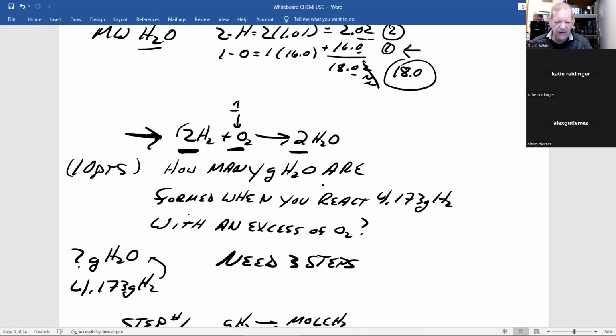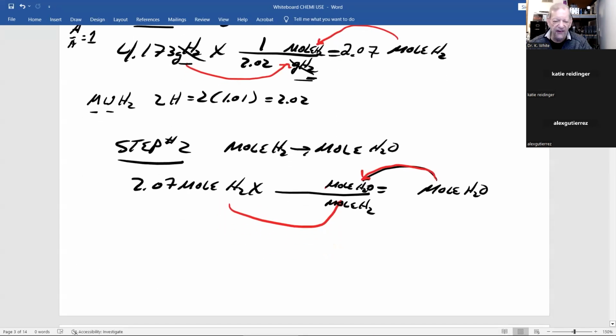So the relationship is for every 2 moles of hydrogen, we make 2 moles of water. And these are always coefficients, exact numbers. So for every 2 moles of hydrogen, I make 2 moles of water.